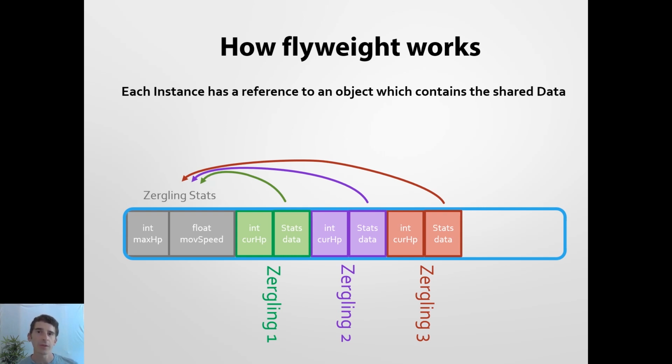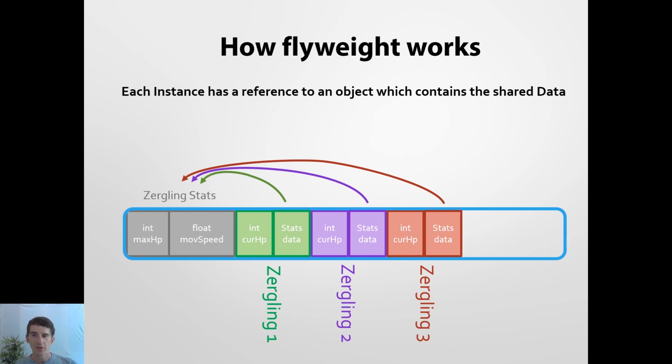So that's the downside that I told you flyweight has. Each instance of the object needs to have one reference to this shared object. So that way each instance has 64 bits, at least on a 64-bit operating system, additionally to its normal instance data.